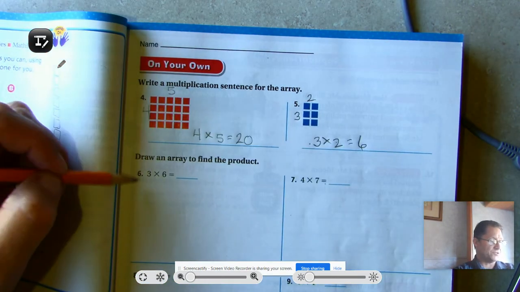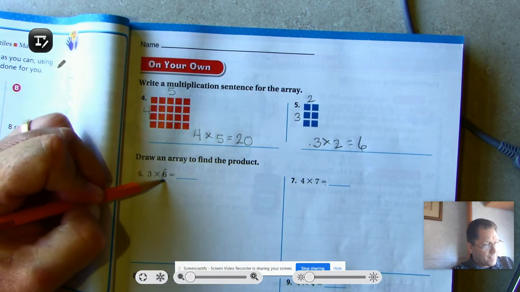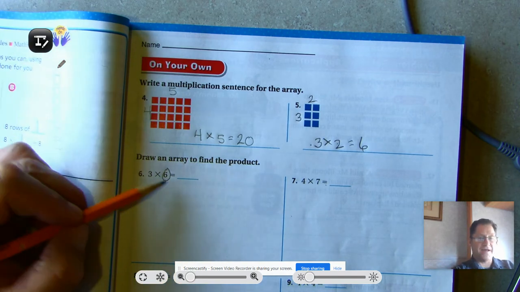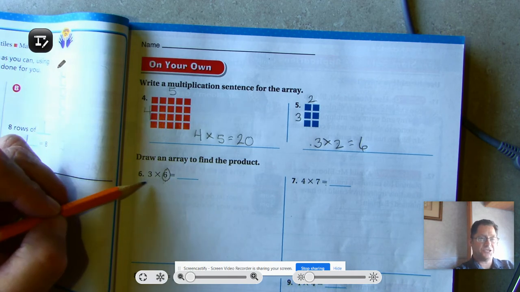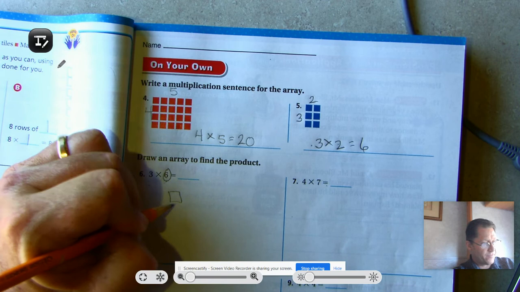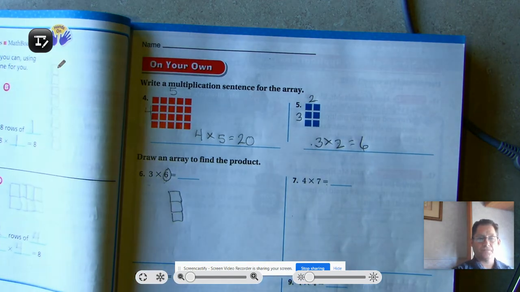Okay, number 6, draw an array to find the product. Okay, now here, the second factor in the multiplication expression tells me how many in each group or in each row. So I know I have 3 rows. Okay, so there's my 3 rows.